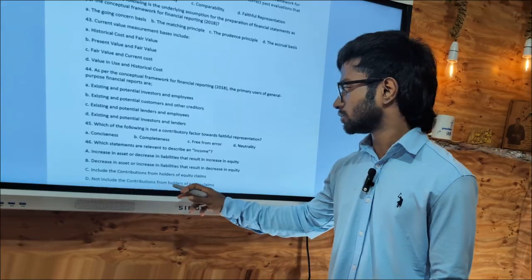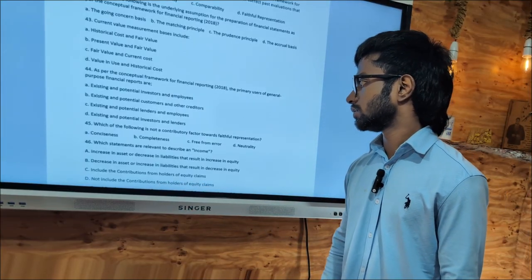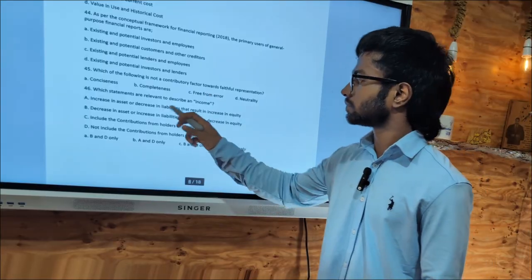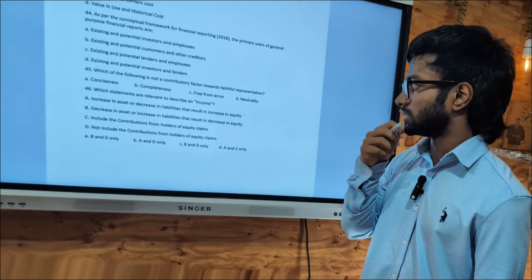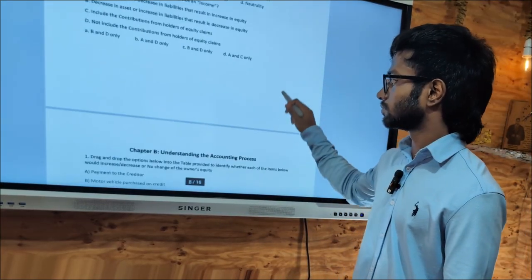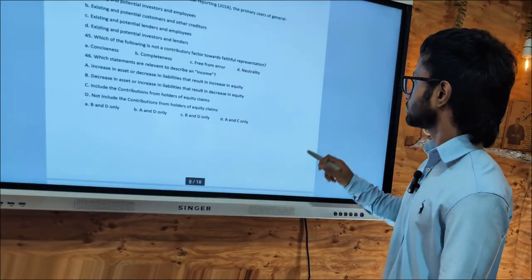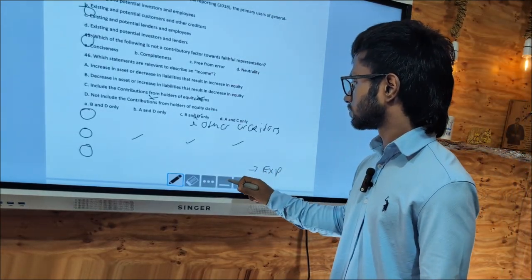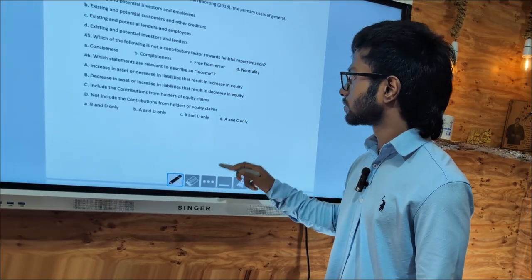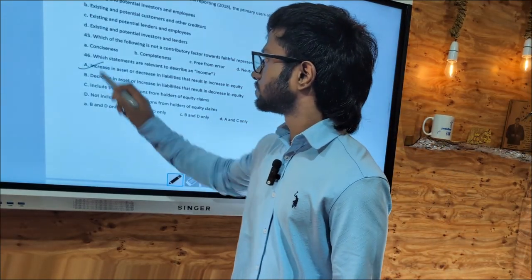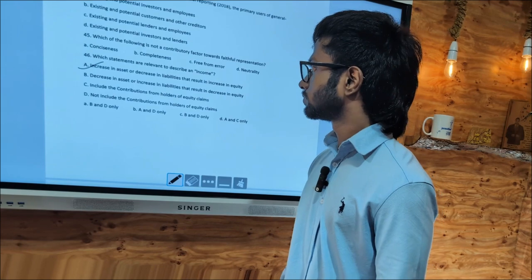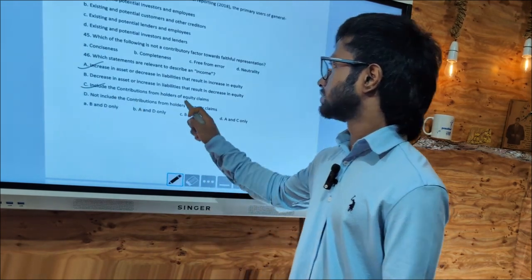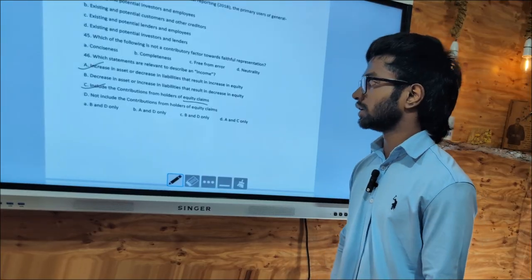Not include the contributions from holders of equity claims. So that doesn't. Here we have to select what are the correct answers. So here A comes. Now that would affect the equity, right? So it includes contribution from holders.